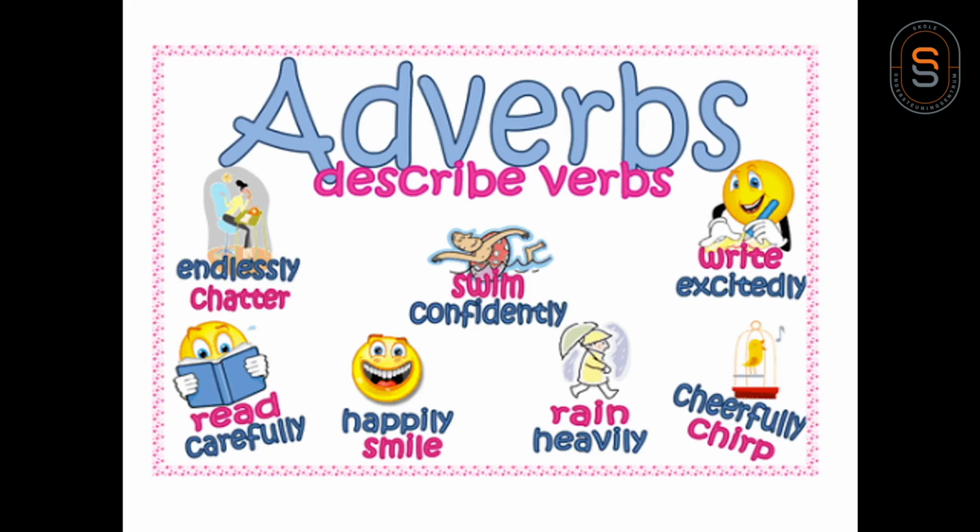Then we have an adverb. Now an adverb describes the verb. So the girl runs fast. The verb is runs. How does she run? Fast. So the word fast is describing the verb, and that is known as the adverb.